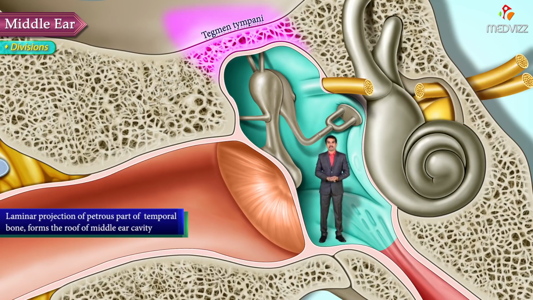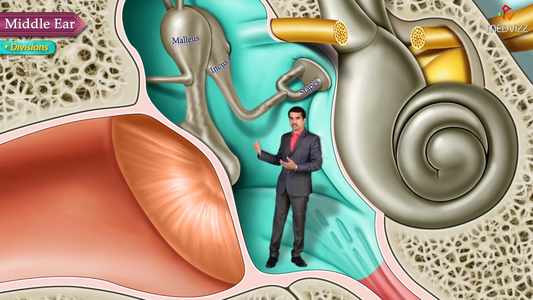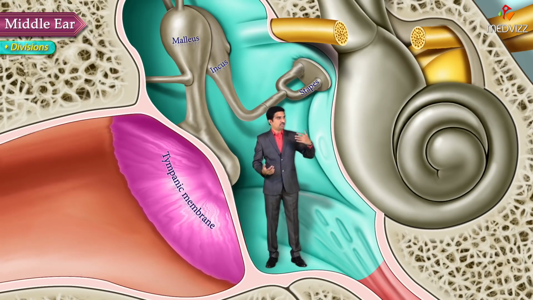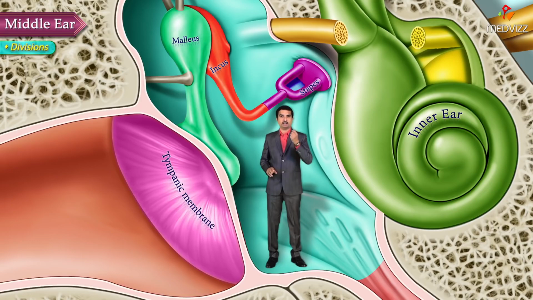The middle ear contains three important bones, the malleus, incus and stapes, which transmit the sound vibrations from the tympanic membrane towards the inner ear by means of these three important tiny bones present in the middle ear.